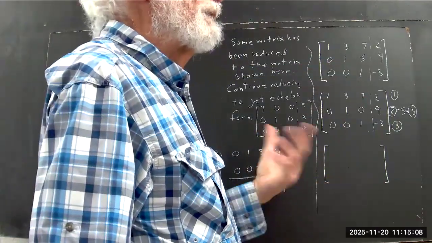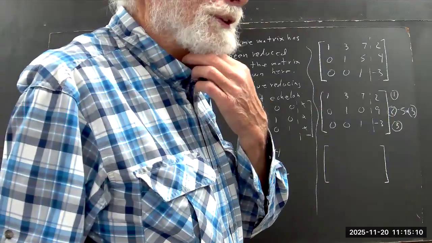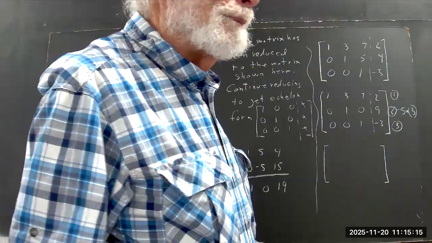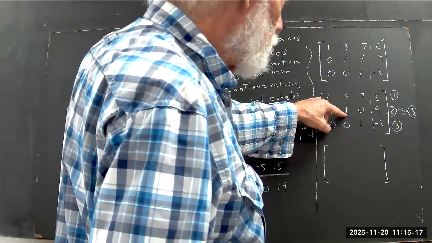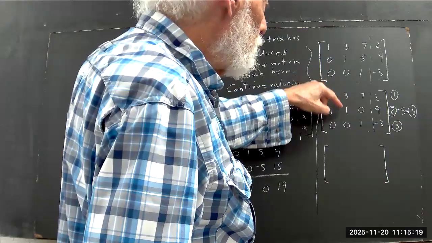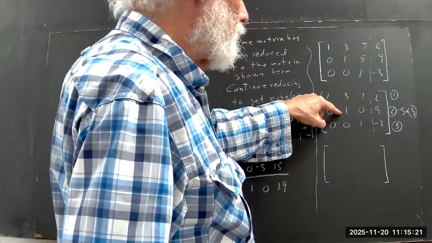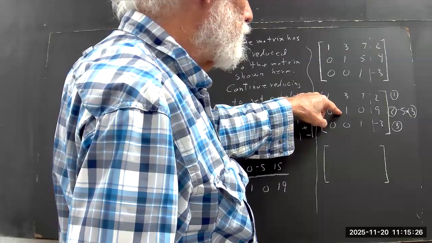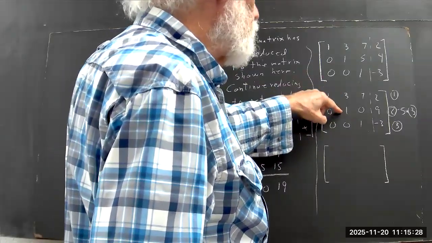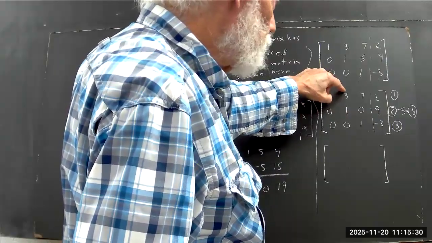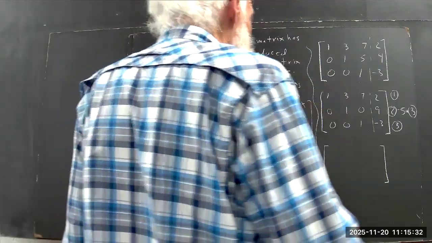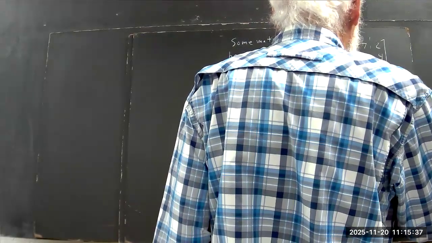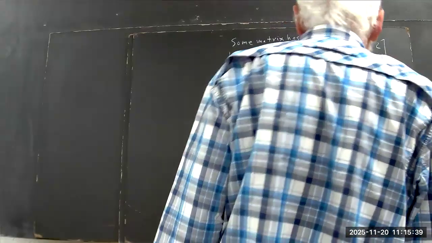Now I can do that all in one step, but if you want to break it into 2 steps, that's fine. The first thing you want to do is do -3 times this row plus this row. That'll give us a 0 here. So it's going to be row 1 minus 3 times row 2.